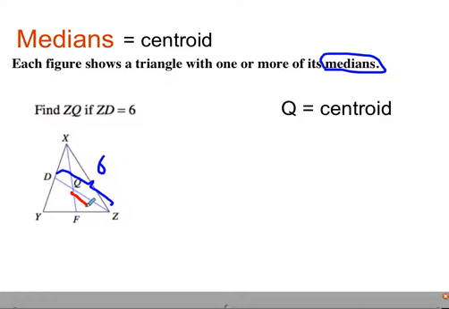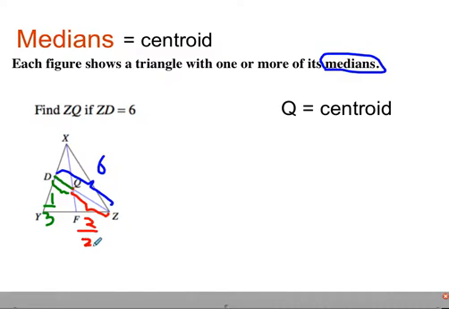So what is the relationship between the centroid, the small part, and this big part? Guys, the centroid makes the median line such that 1/3 of the length of the whole thing belongs to this smaller part, and 2/3 belongs to this longer part.